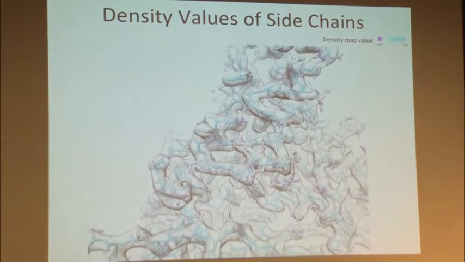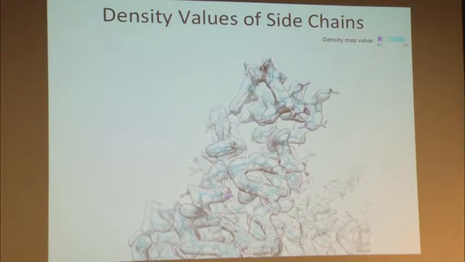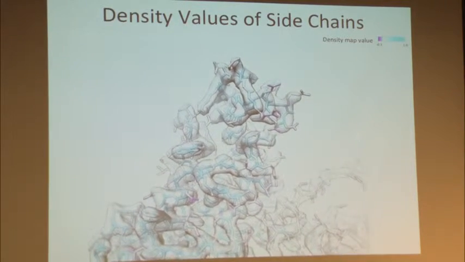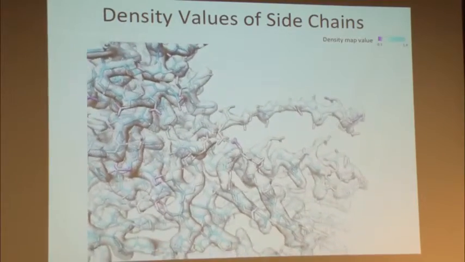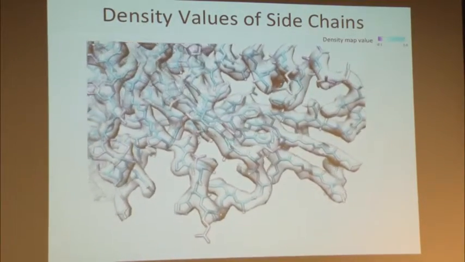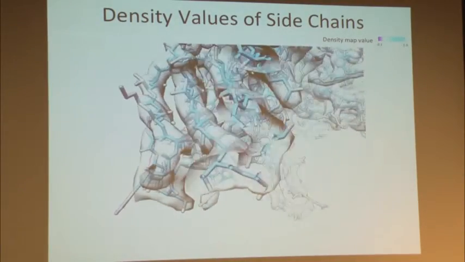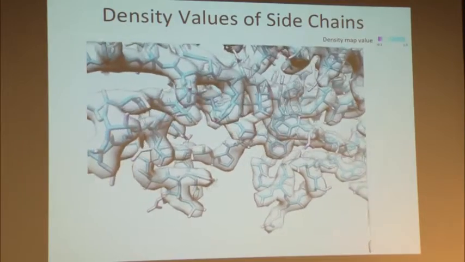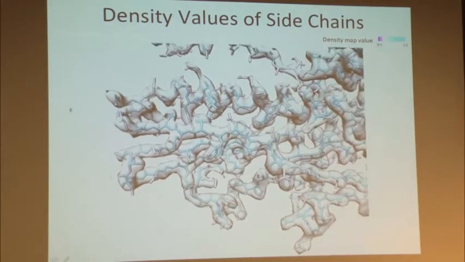And when we examined what these side chains are, it turns out these are all side chains that carry negative charge, like aspartic and glutamic acid side chains. Two of these side chains have particularly low density values. That triggered us to be curious about why this negative side chain has such a low density value.